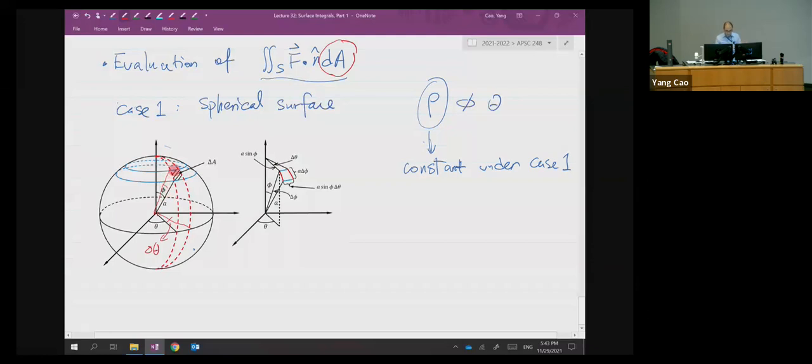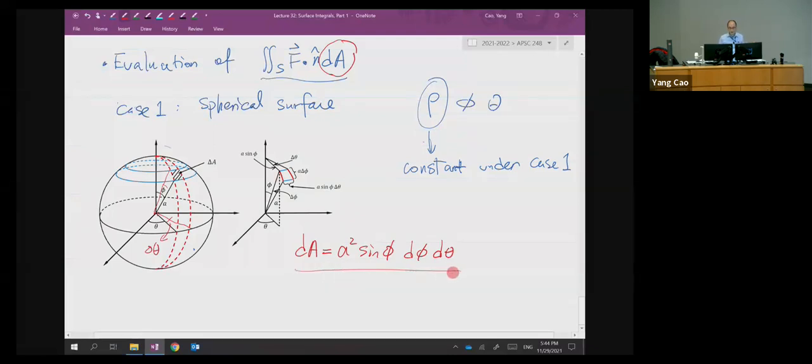That's how you create this little patch. Then, using the approximation concept, because it's very small, we can consider it a rectangle. So I can calculate the little area by multiplying the two sides together, and you get a squared sine phi d phi d theta. One side multiplied by the other side gives you this dA.